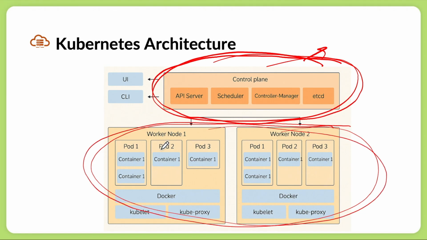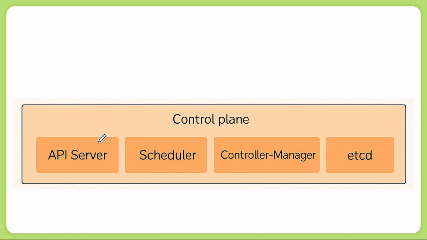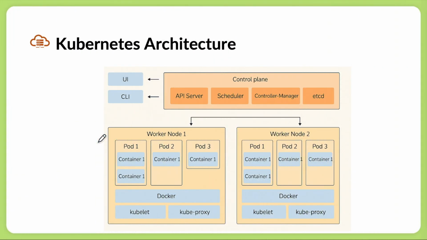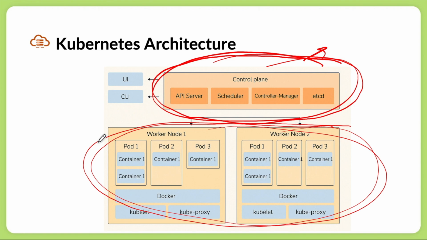Now where will the control plane create these containers? That's where the data plane comes into existence. What is the data plane? The data plane is the worker of Kubernetes. You can also see these are called worker node 1 and worker node 2. This is where the containers are going to run.